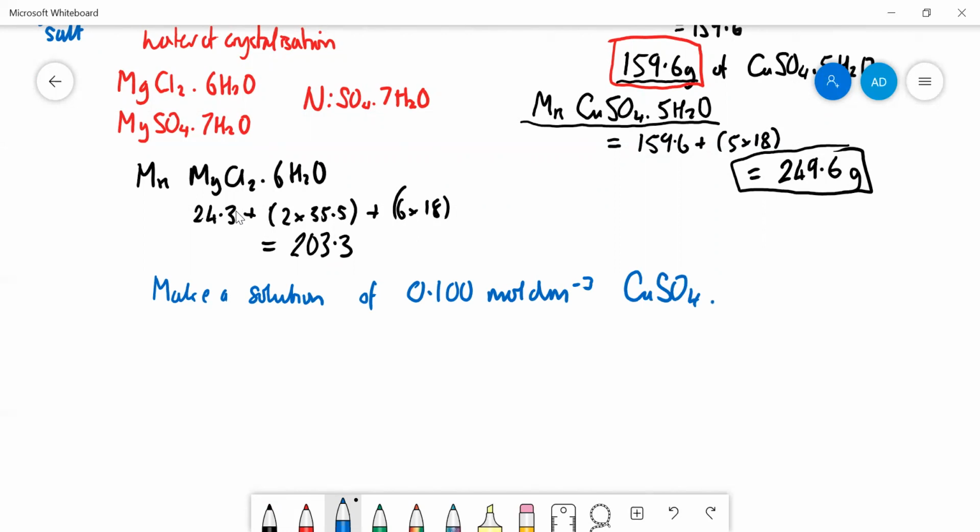Let's say we were going to make it in a 250 centimeter cubed volumetric flask.